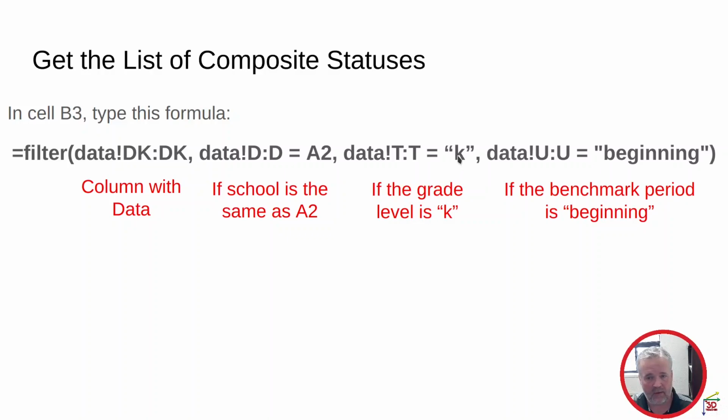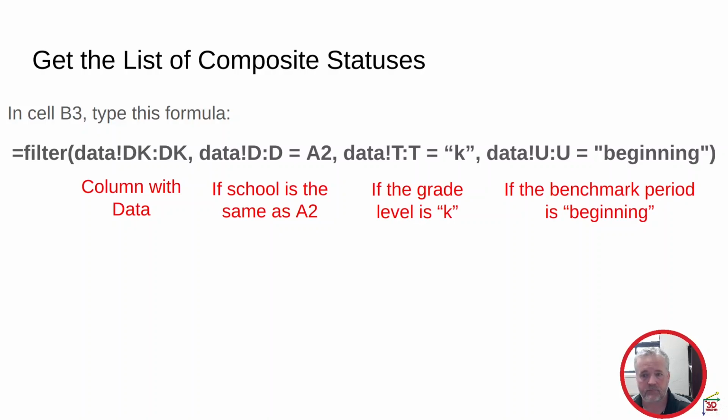You can put any grade in here that you want, 1, 2, 3, whatever, but the grade we're looking at is kindergarten. Then we're going to look at data column U and get Beginning. This is the benchmark period, beginning. You put that in B3 and hit enter, and you're going to get a list of all the composite statuses for that first school, for the kindergartners, and for the beginning of the year.